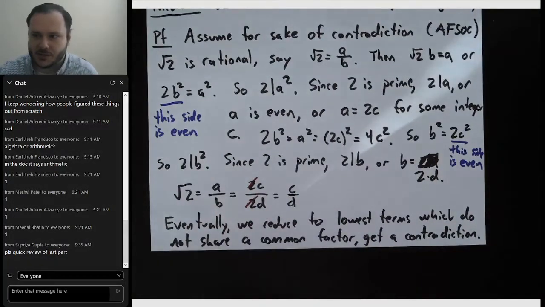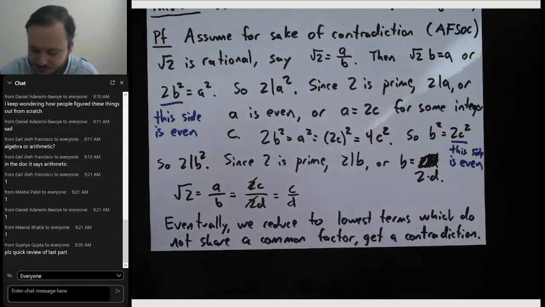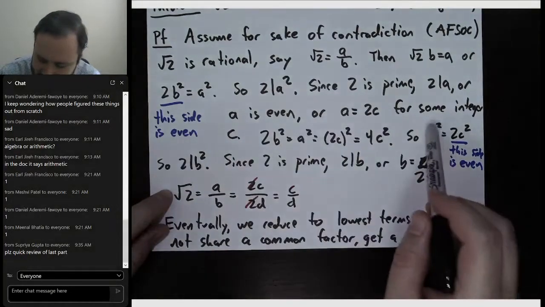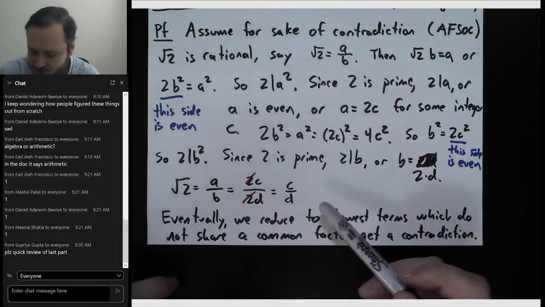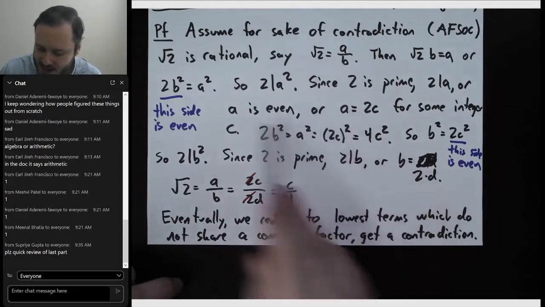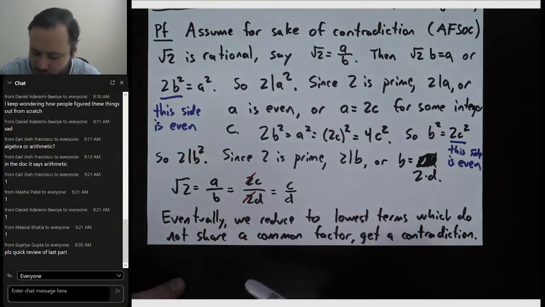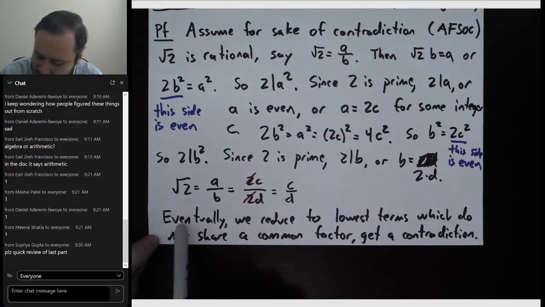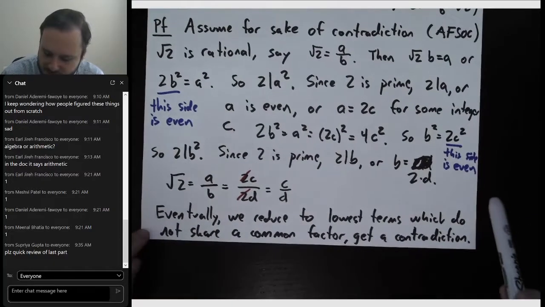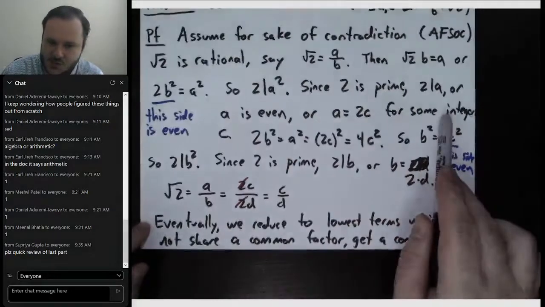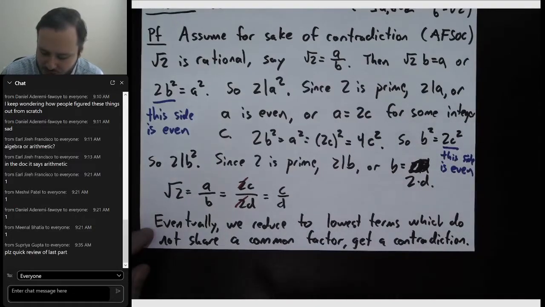The numerator and denominator don't share any common factors. But this process says you can always find a common factor of 2. You can always say that the numerator and denominator are both even. So eventually we reduce to lowest terms. That means no common factors. But this says you can always find a common factor of 2.